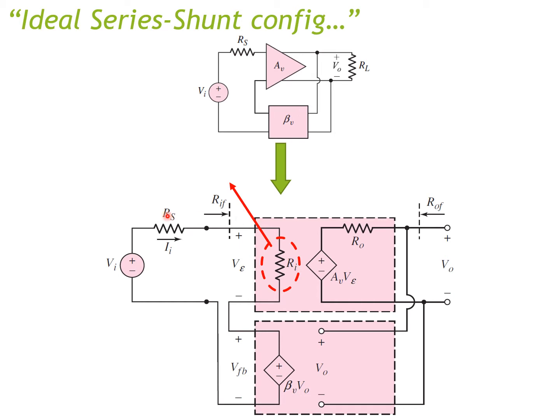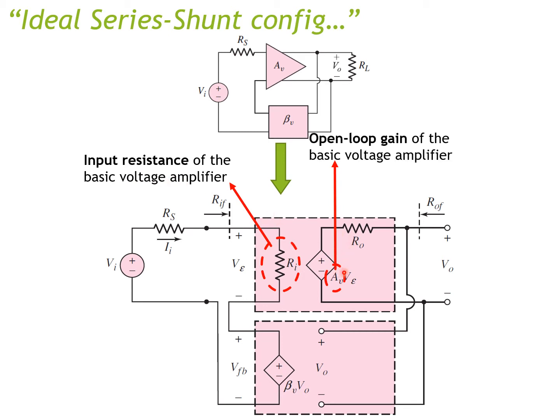Since these are two-port networks, I can represent them with a small signal equivalent model like this. In this model, Ri is the input resistance of the basic voltage amplifier. AV is the open loop gain of the basic voltage amplifier.